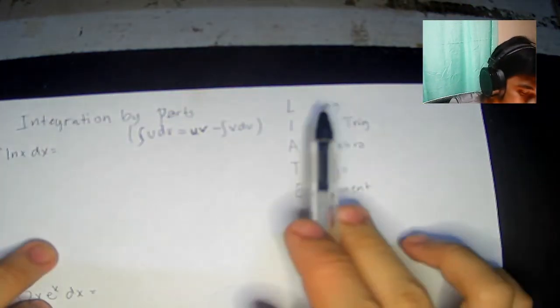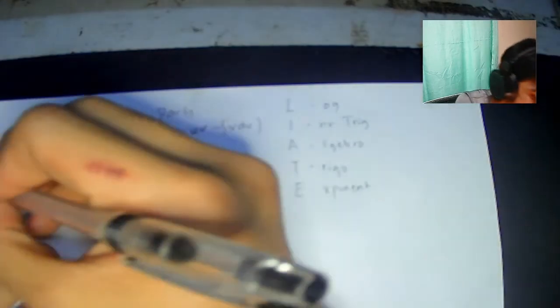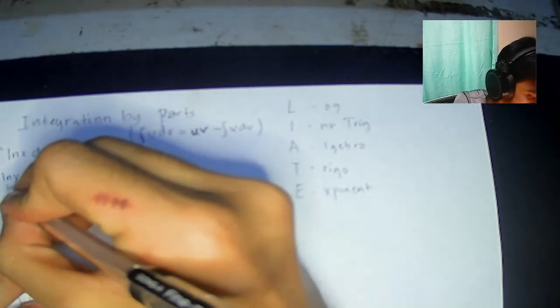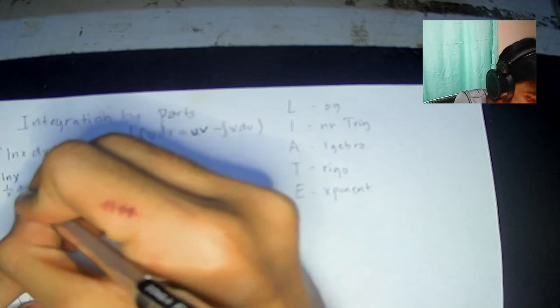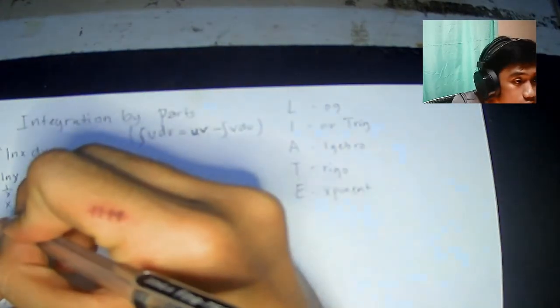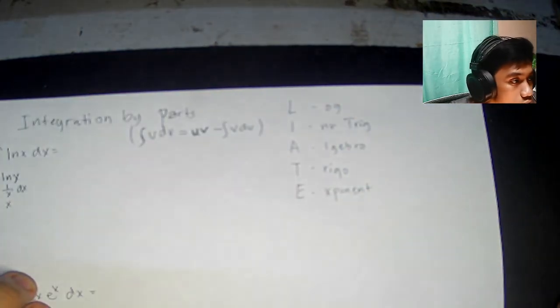Logarithms were first, so u is ln x, du is 1 over x dx, v is x, and dv is 1 dx.